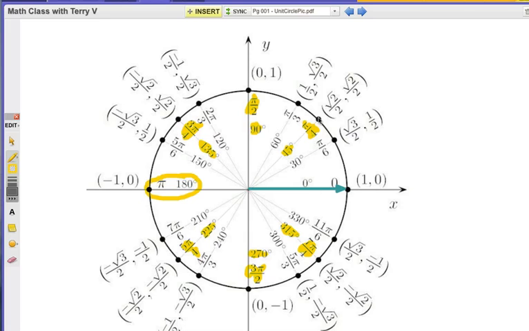So we've got 45, 90, 135, 180, 225, 270, 315 degrees, and then all the way around. The point here is being able to convert from degrees to radians, and think of radians as parts of pi, and pi is halfway across.